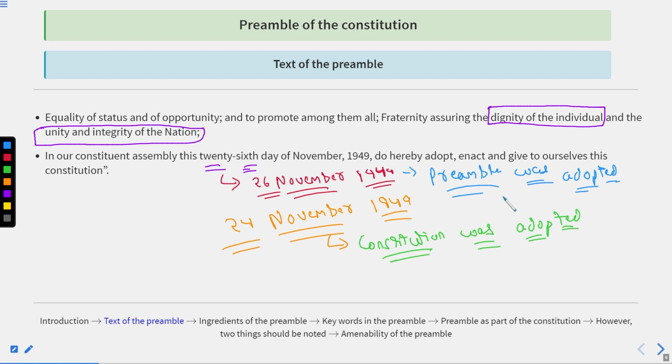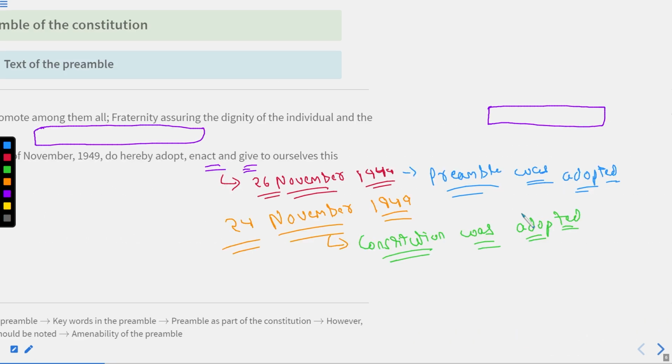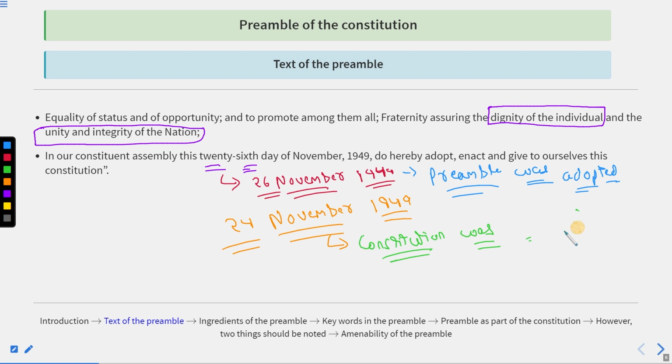Okay. And remember one thing, like basically, however, we had adopted the Constitution, or you can say not adopted. Basically, the Constitution was prepared. All right. On 24th November 1949, the Constitution was completed or prepared. On 26th November 1949, the Preamble was adopted.